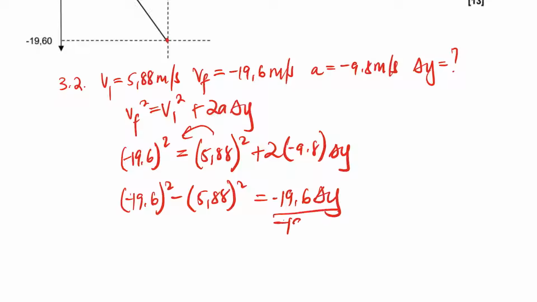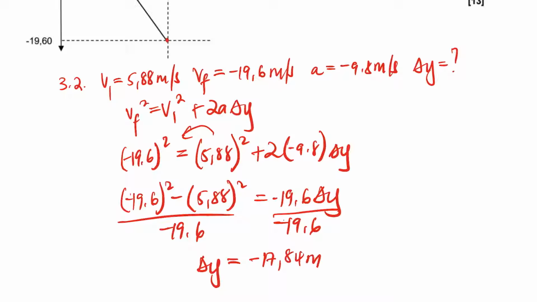Then we divide both sides by negative 19.6, and our displacement, since it's going down, will clearly be a negative answer. When you punch that in the calculator, it's negative 17.84 meters.